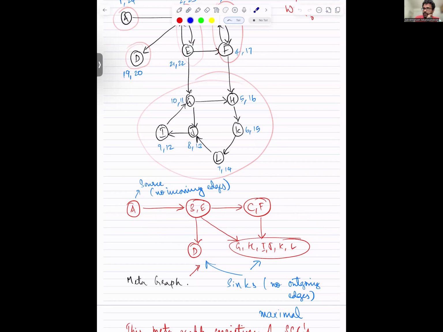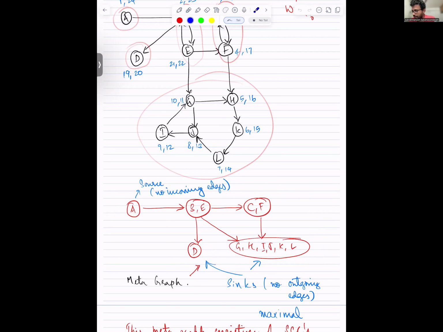We noticed that if we start exploration at a sink strongly connected component, meaning a sink in this DAG, then there are two sinks in this DAG: one is D and one is GHIJKL.